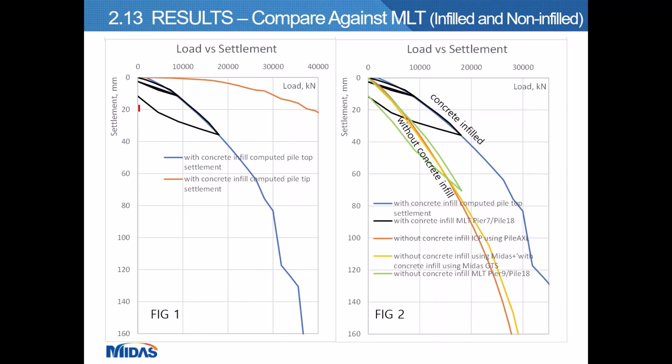Now we look at the load settlement curve of the steel pipe pile without concrete infill in figure number 2. Apparently, the load settlement curve is much softer for the steel pipe pile without concrete infill compared to the concrete infill steel pipe pile.